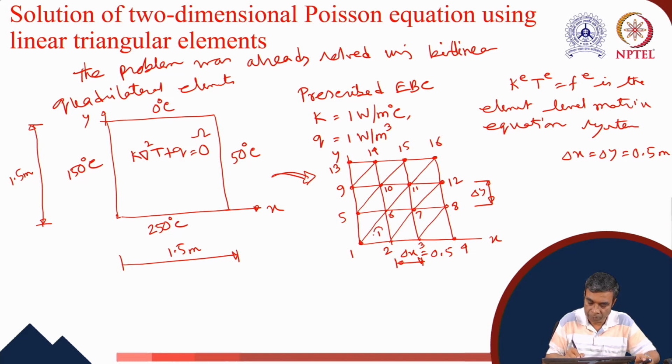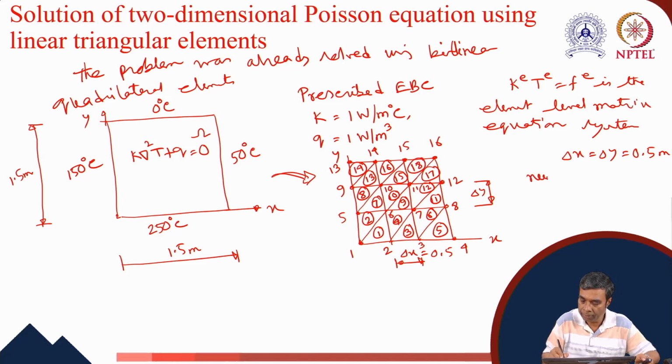Our elements are 1 to 18. So our number of nodal points in the mesh is 16, and the number of elements in the mesh is 18.